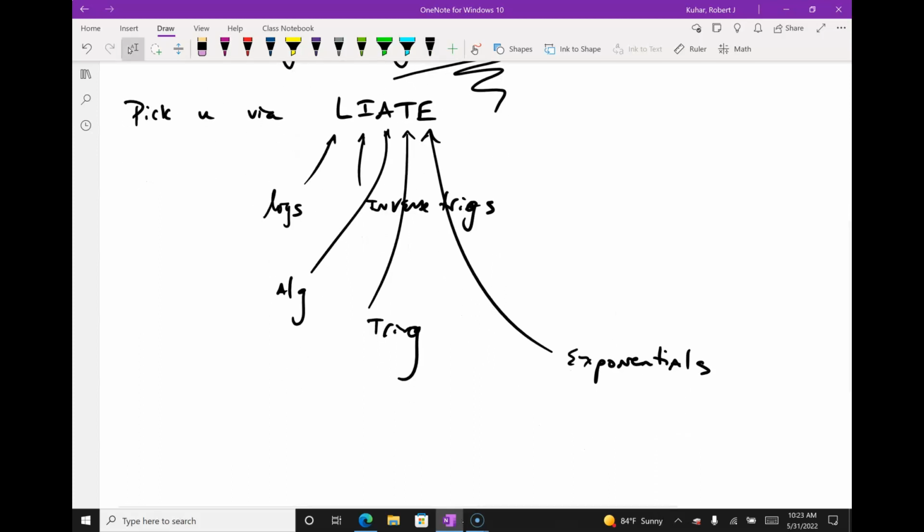Now, when we do this process, we have several levels again. Level 1 is easy. u will be obvious, everything will be obvious. Level 2 could be a loop, where I have to do by parts within a by parts problem.